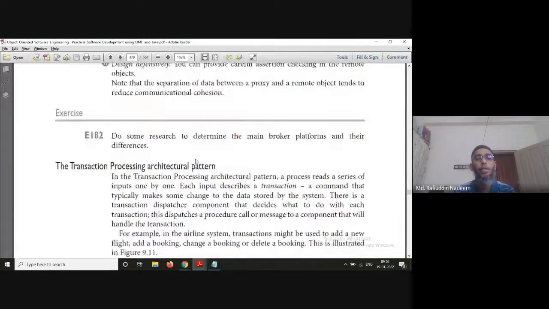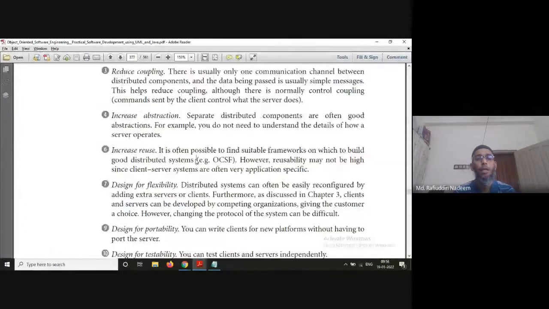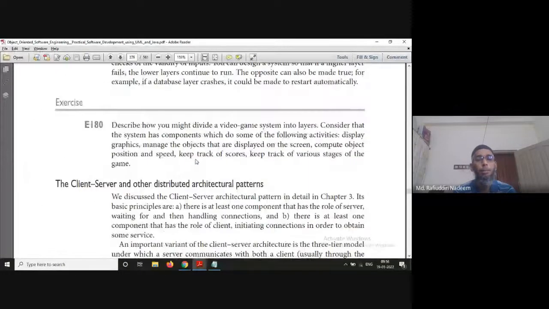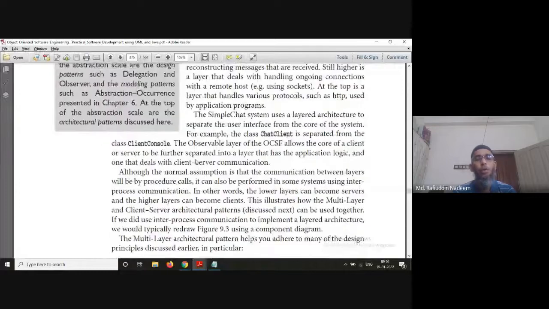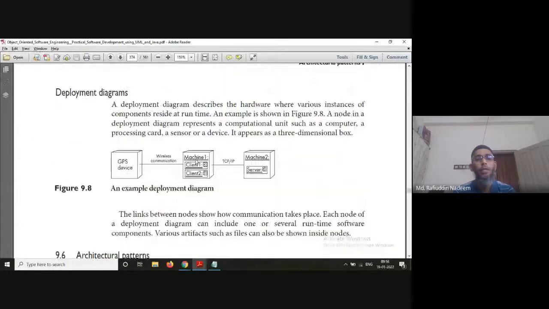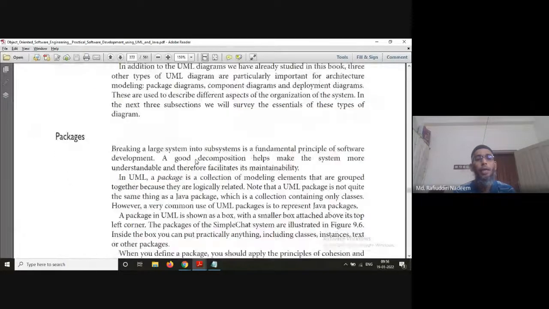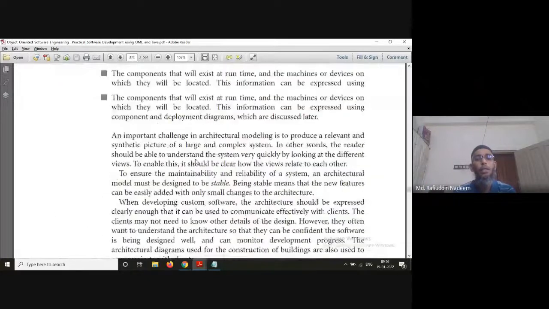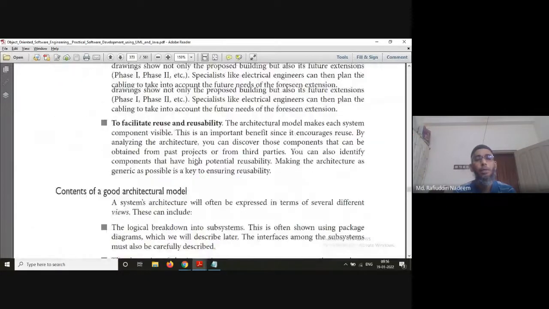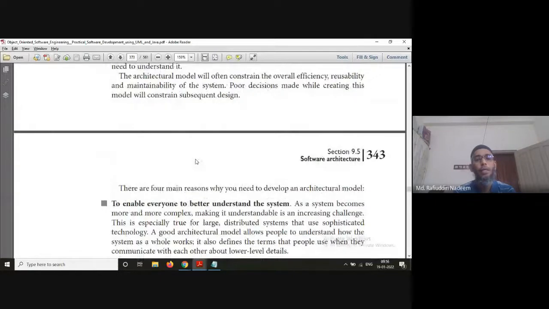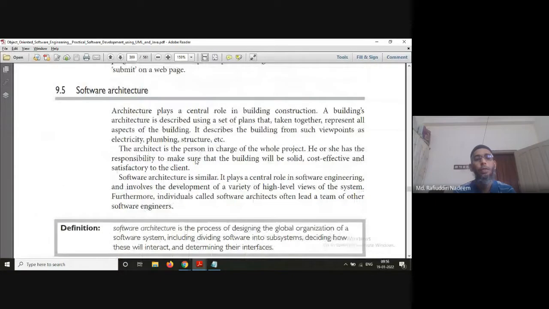Then we discussed the various UML diagrams for modeling, what type of diagrams we generally use. And then we discussed user interface designing, how to design the user interfaces.